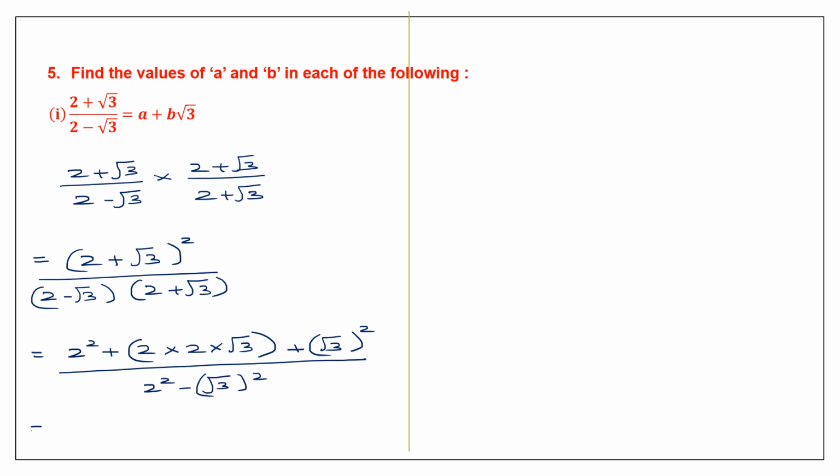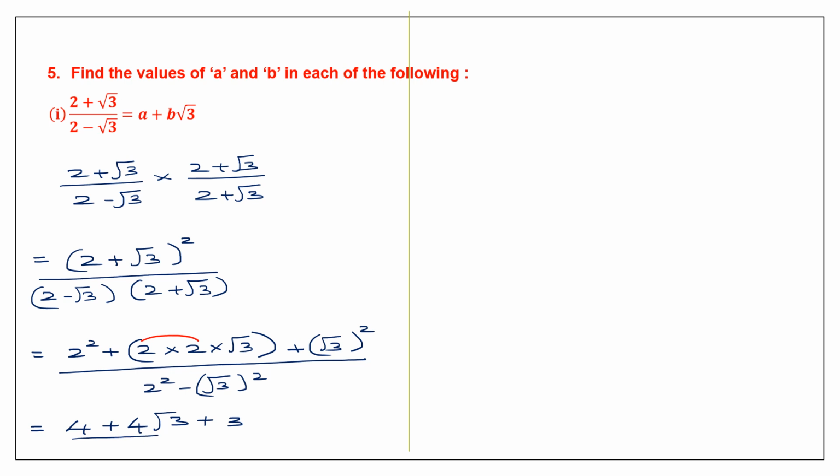Now simplifying this further. Now 2 into 2 is 4 plus, so here also we can multiply 2 into 2, so that is 4 root 3 plus, now here we have root 3 into root 3, which is simply 3.